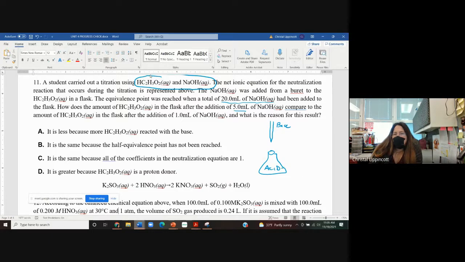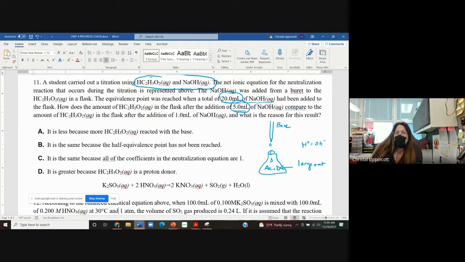So initially, we're going to have a large amount of this, and as we're dripping our base in, we're going to have a little bit of base in. So they're saying when we have 5 mils, it takes 20 mils to get to where those things are equal. The H plus equals the OH minus. That's after 20 mils. So we've only got a quarter of the way in at this point.